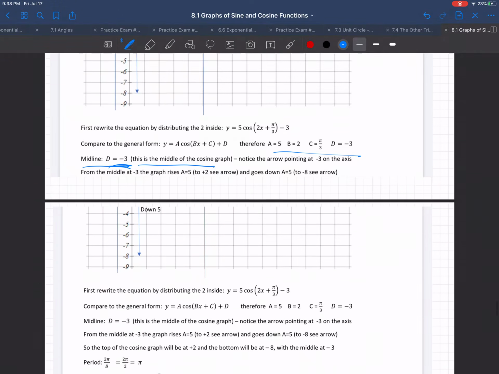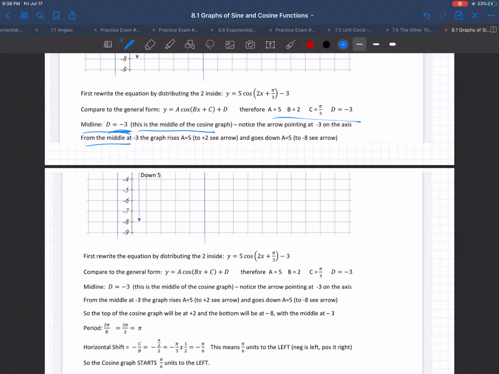And then, after identifying the middle, from the middle the graph rises A and goes down A. So whatever A is, that's the amplitude. That's how much it rises and goes down from the middle.